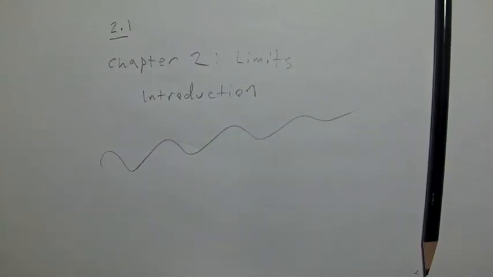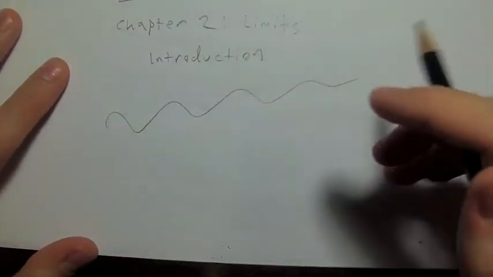So a limit basically says, if x gets really close to a certain value, say like 5, what is the function f of x, or the y values, doing when that happens? So it gives us a question.